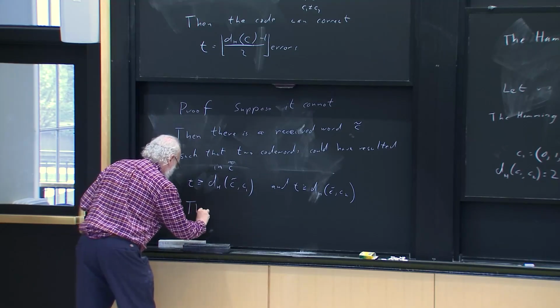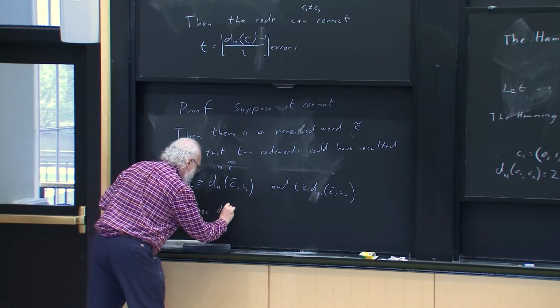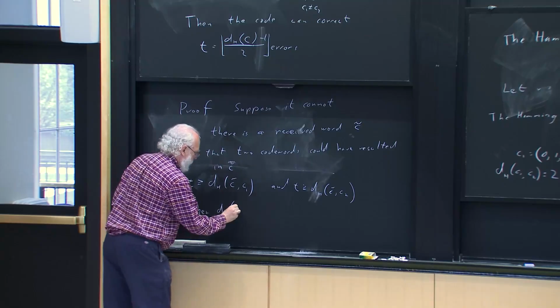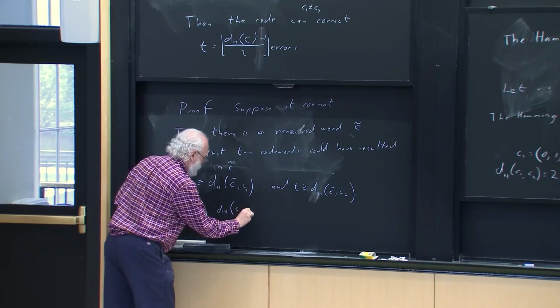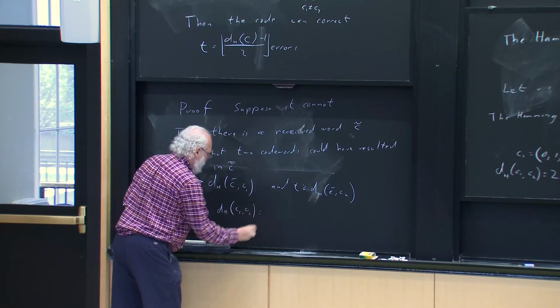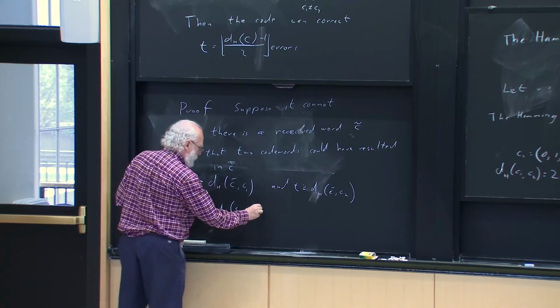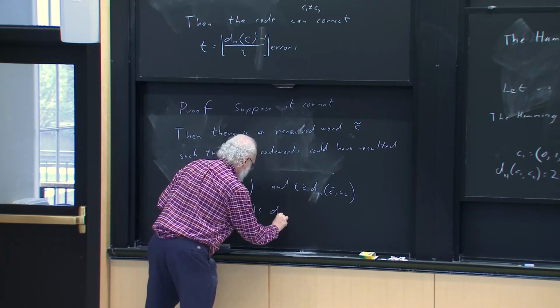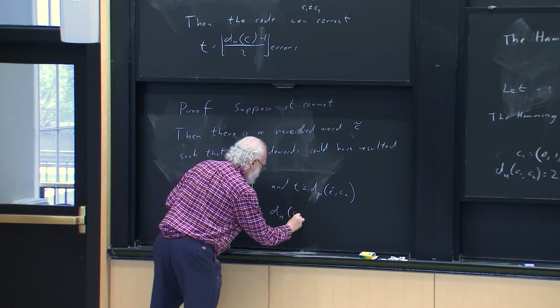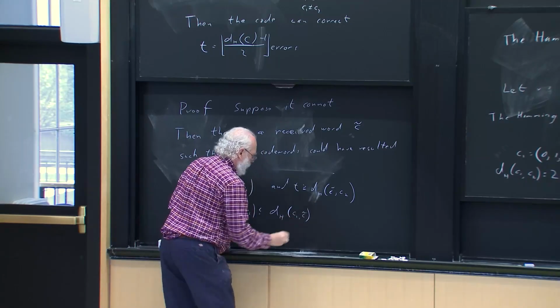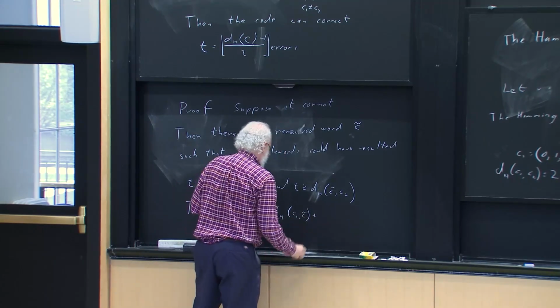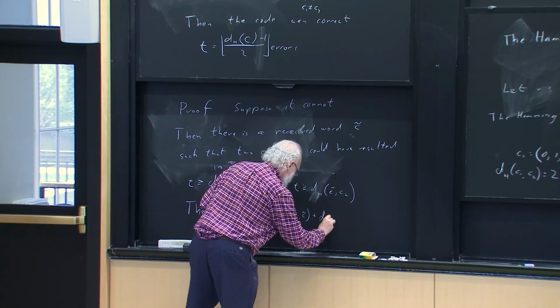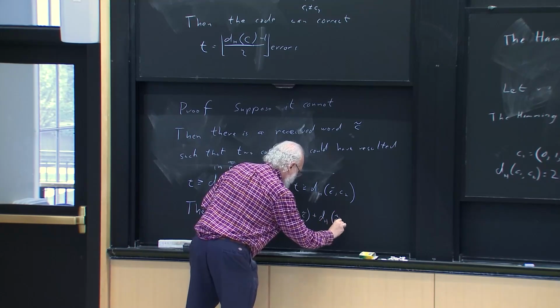Then the distance between C1 and C2 must be less than or equal to the distance from C1 to C tilde plus the distance between C tilde and C2.